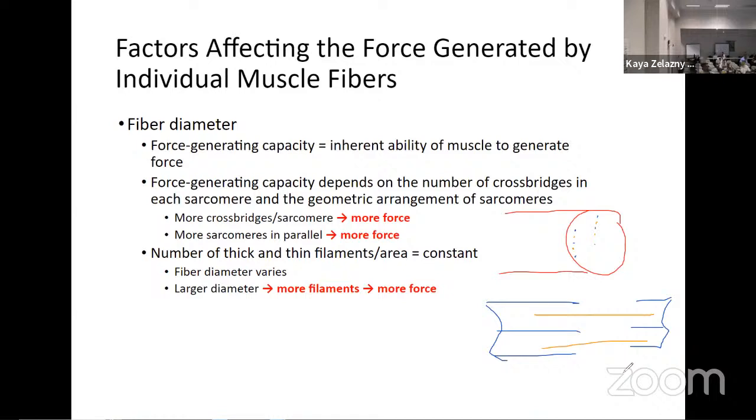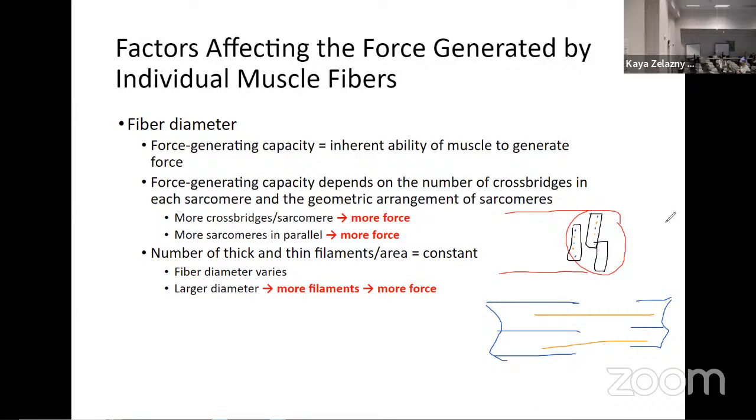Okay, so this matters because the more cross bridges we can form, the more force we'll get. And the more sarcomeres we have sitting next to each other, the more force we can get, right? So imagine this is a sarcomere, imagine this is another sarcomere sitting next to it in 3D space, and so on, like that within our muscle fiber.